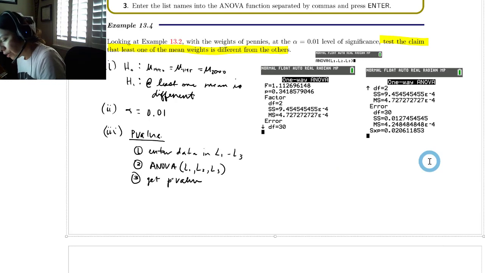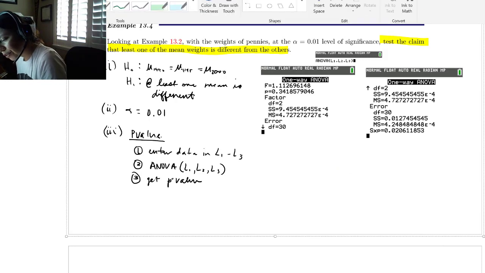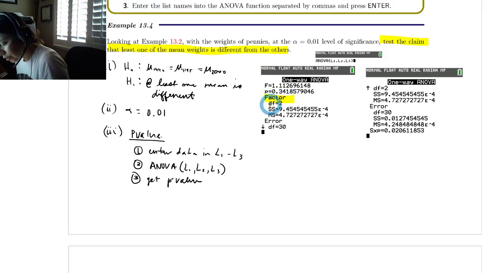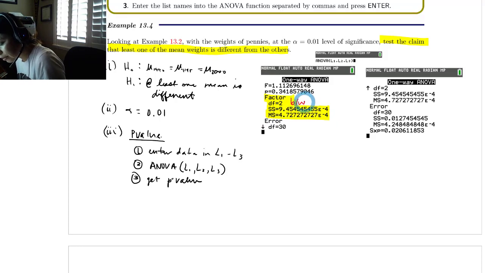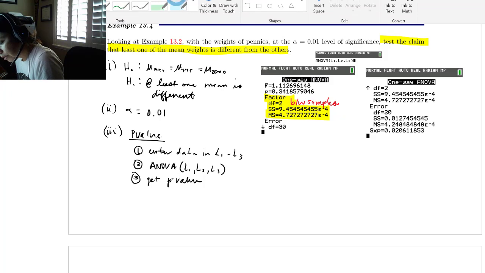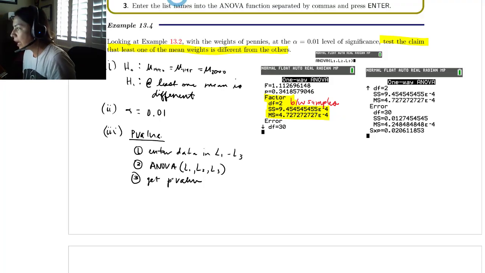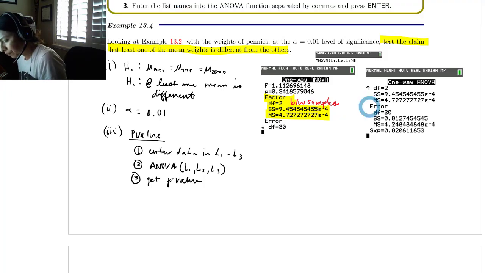Okay, so notice that here we have the factor. Right, remember the SS and MS? So this is going to be the one that talks about the differences between the samples. The next one, notice the error, and it has SS and MS. Notice that's still there.